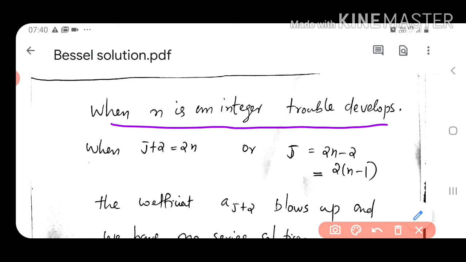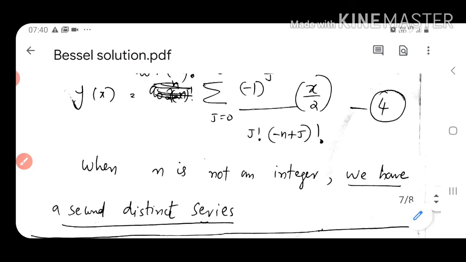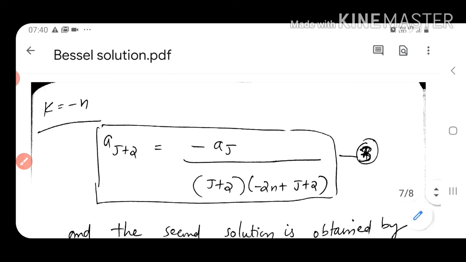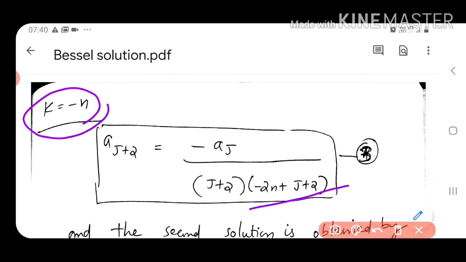For the second one, in this recurrence relation for k equal to minus n, when n is an integer, what happens is, for some value, we are actually taking a summation, so the value of j changes.